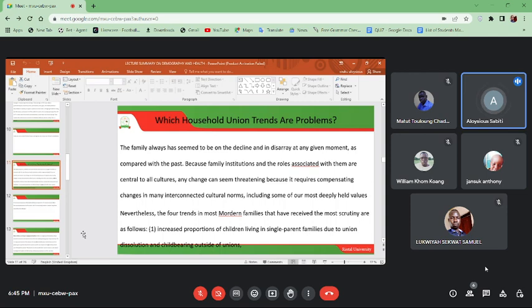I've been discussing the trends that are occurring and predominant today. But now we want to look at what is the problem with these new trends. I want us to have a picture of what could be the possible problems that could arise as a result of these household union trends that are occurring today.